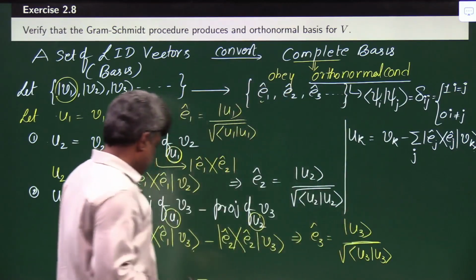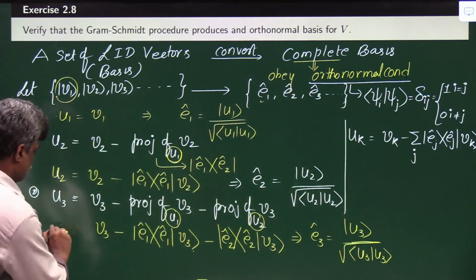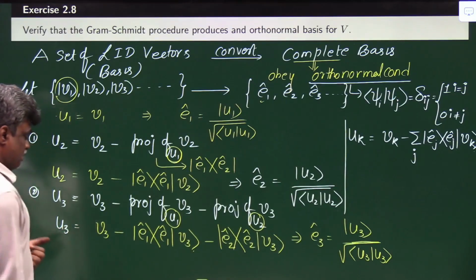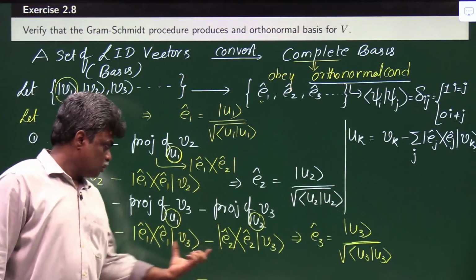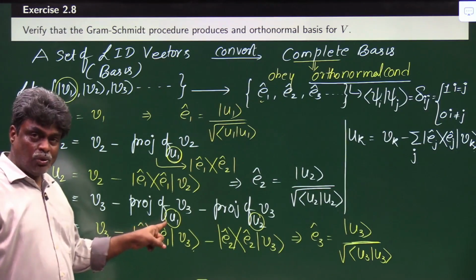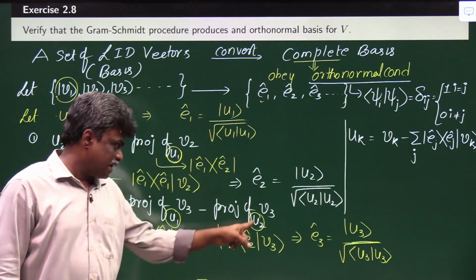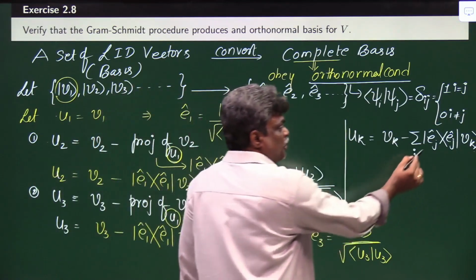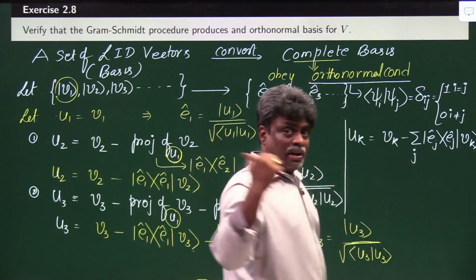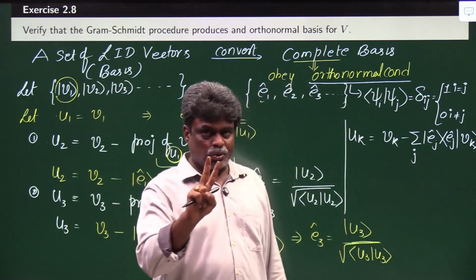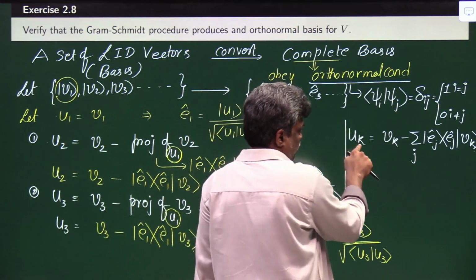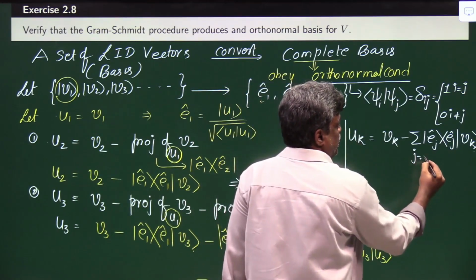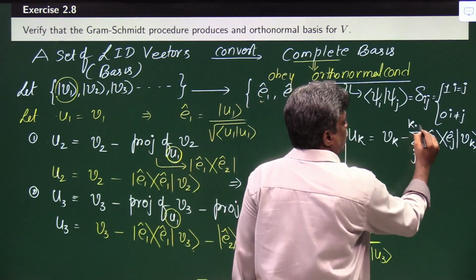But if you observe carefully, whenever you are finding U3, you got only two terms here. One is corresponding to U1, another is the projection operator corresponding to U2. So whenever you are finding U3, you got two projection operators. Whenever you are finding UK, this J is running from 1 to K minus 1.